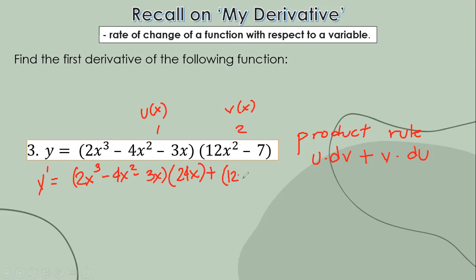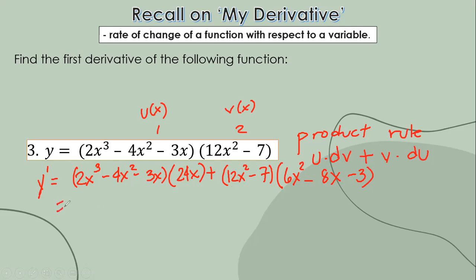Pangalawa naman, copy 12x squared minus 7 times derivative naman nung una. So, 2 times 3 is 6x squared, minus 8x minus 3. So, that is the derivative or the product rule. We just have to simplify this equation.